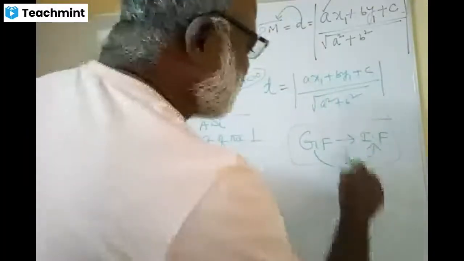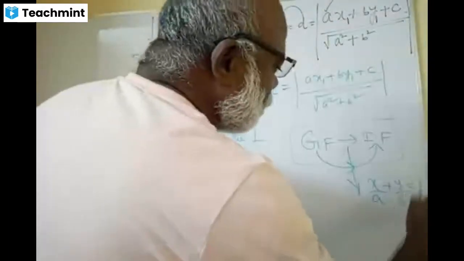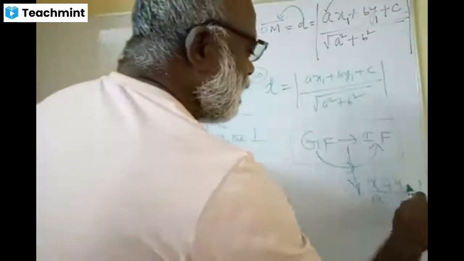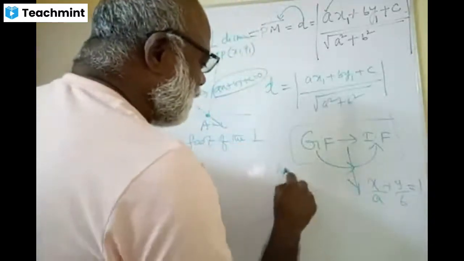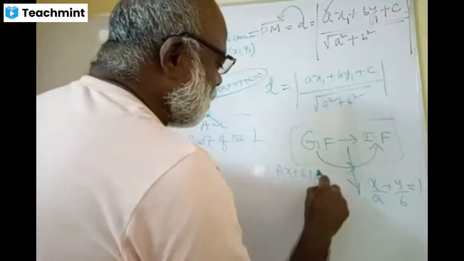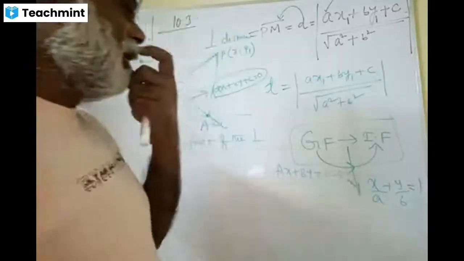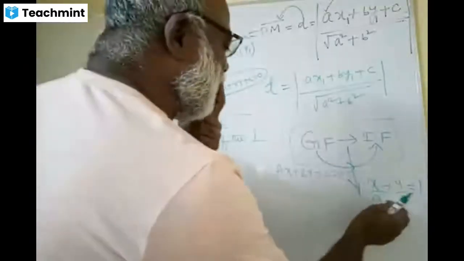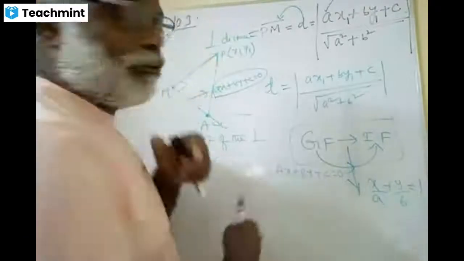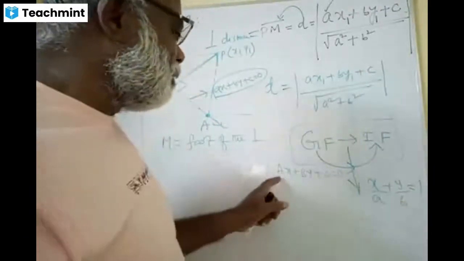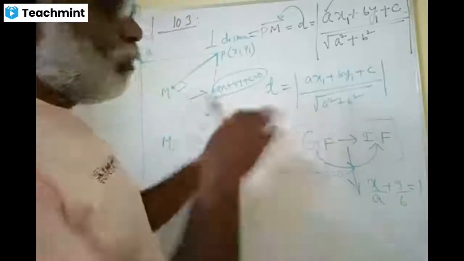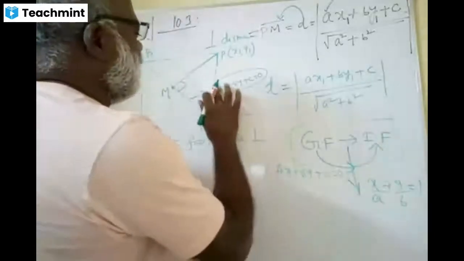Friends, here the intercept form is x by a plus y by b equal to 1, right? Now, the general form is ax plus by plus c equal to 0. Small a and small b are different from these, therefore I will write big A only here.